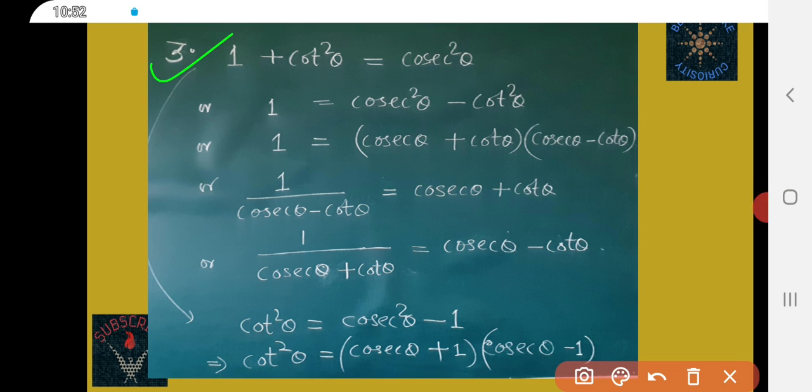Third, 1 plus cot square theta is equal to cosec square theta.